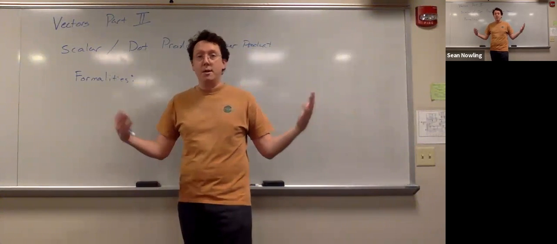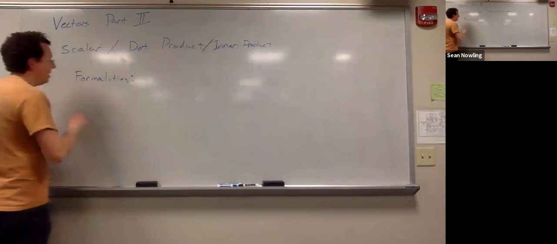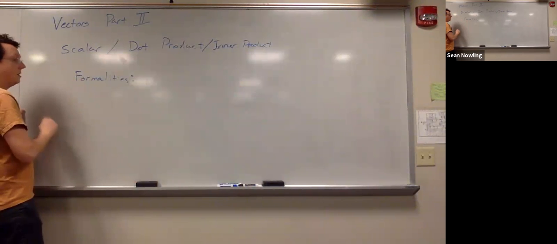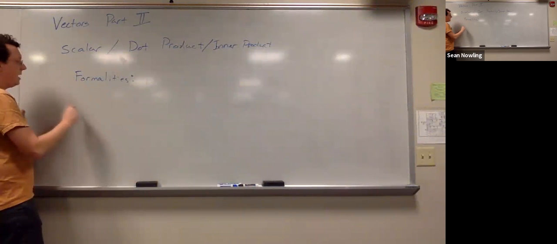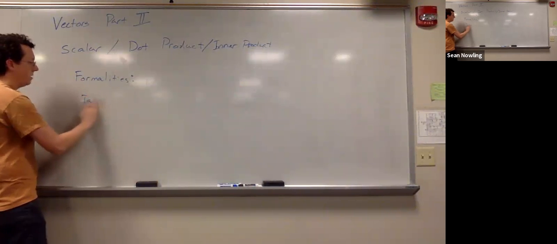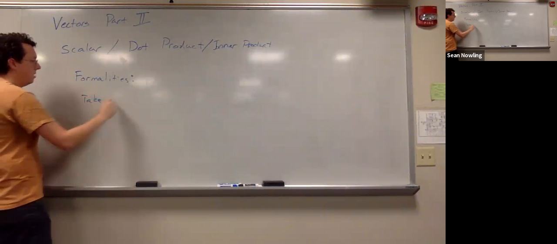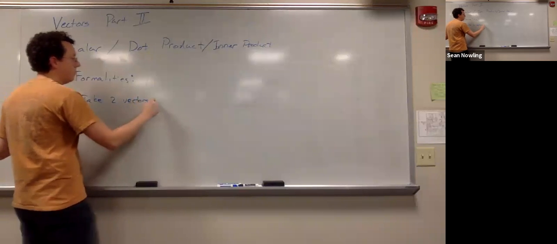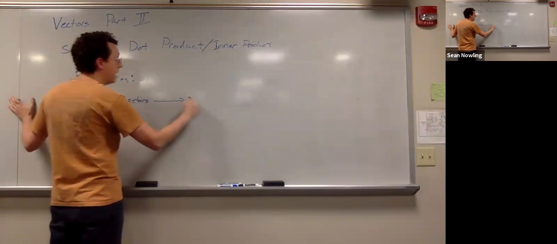Blah, blah, blah. What does that mean? What it means is we're going to have something called a dot product, and it's going to be a way to take two vectors and spit out a scalar.